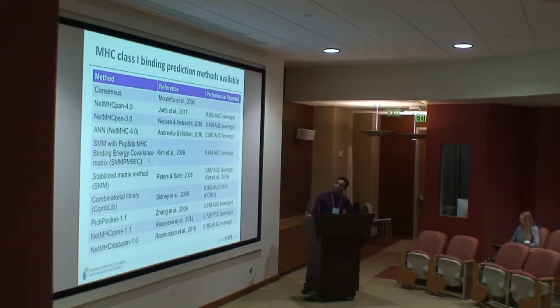And these are the reported AUC values. The AUC value varies from 0.5 to 1. As it is closer to 1, that means perfect prediction. So you will see that in case of MHC class 1, we are having decent performance, that is 0.96 in the recent tool. So MHC class 1 predictions are very close to perfection.